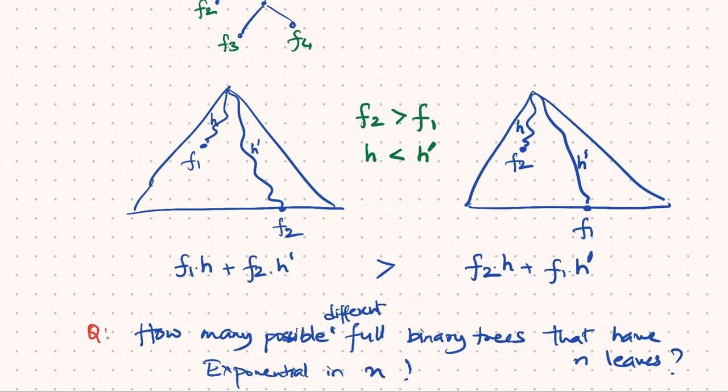We have a tree structure here, right? And it's not really clear what we exchange, right? What can we exchange in these trees, right? Do we exchange the leaves, or do we exchange internal nodes, or what exactly would an exchange here look like? Okay, so we'll see that in the next video.